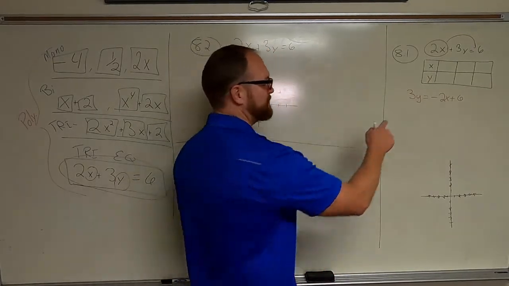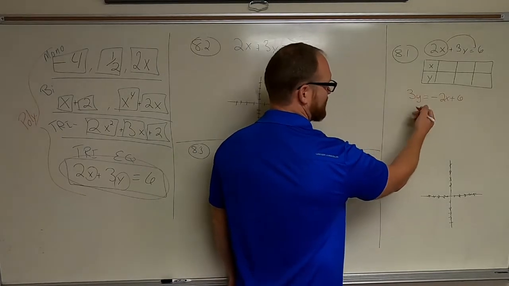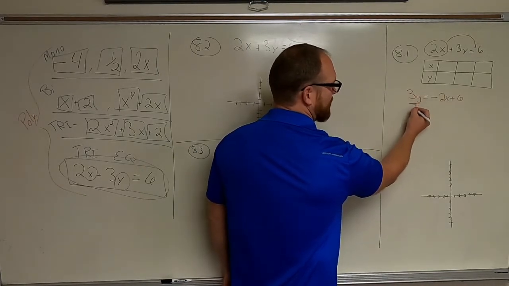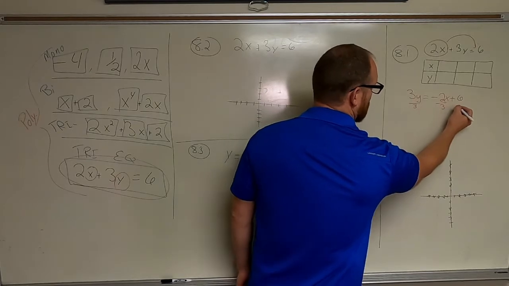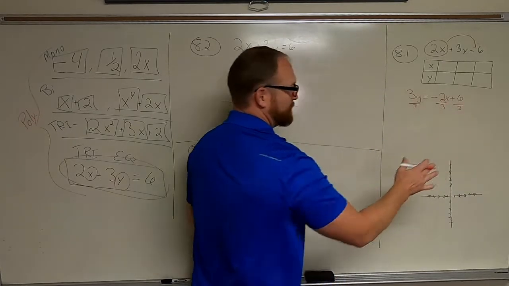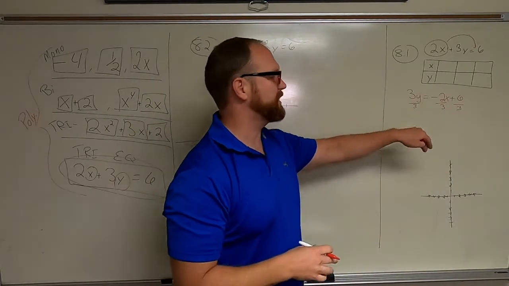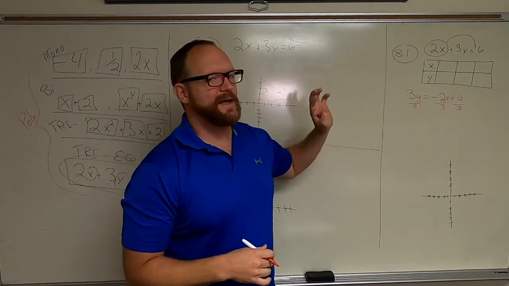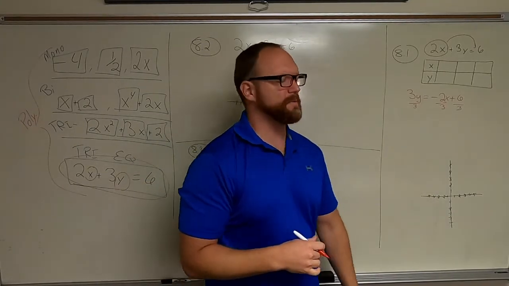Inverse operations, if it's being multiplied to y, and it is, we're going to need to divide by 3 to undo that. But remember, when we divide by anything, not just by 3, we have to divide everything by that same number.